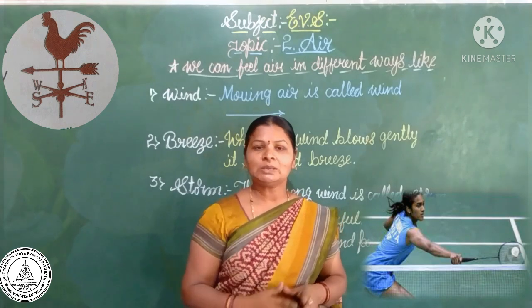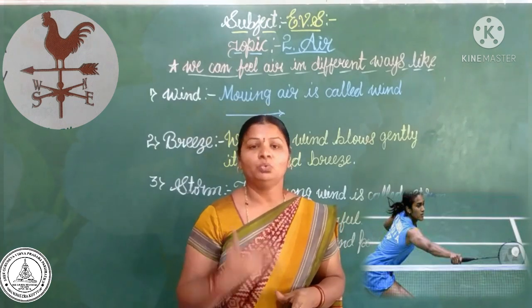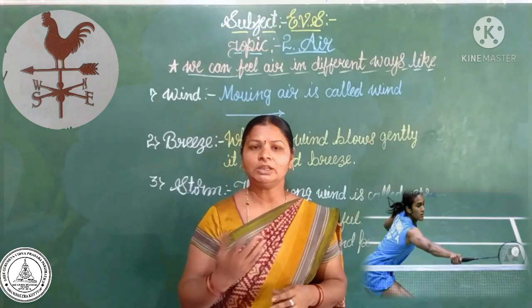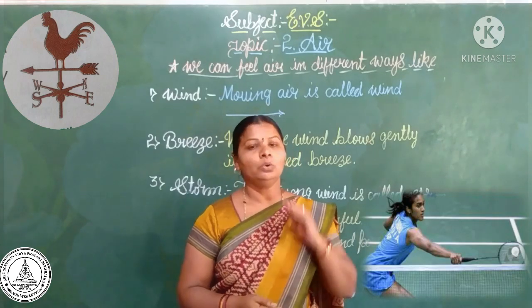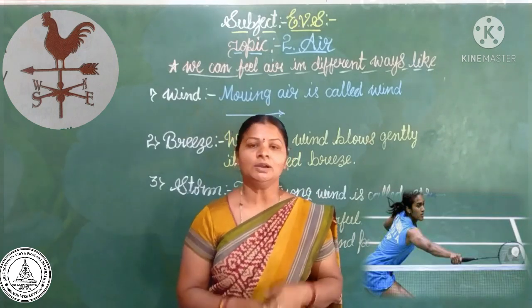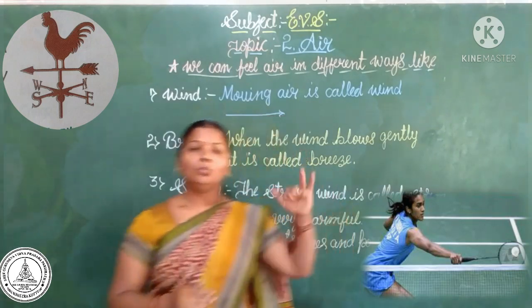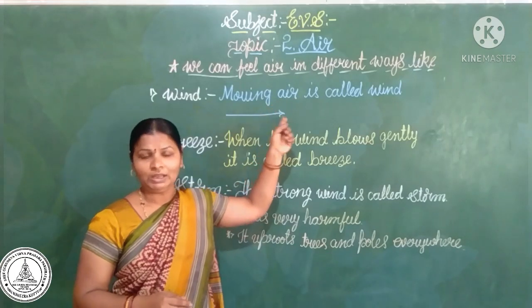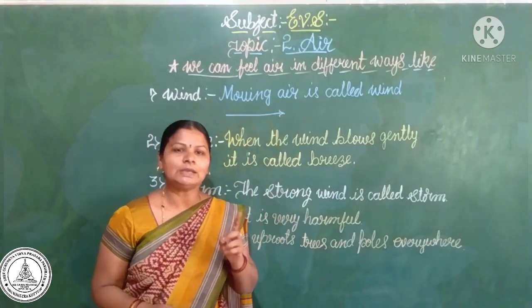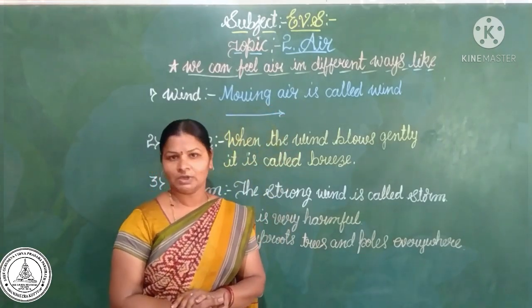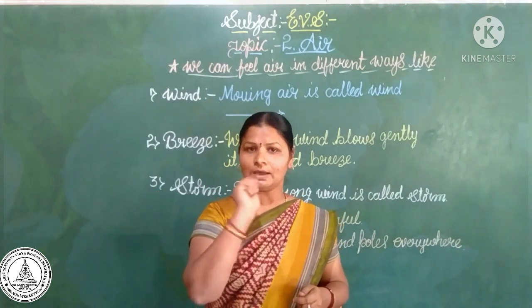So it tells about the direction in which the wind is blowing. So with the help of the cock we can tell the direction of the wind. So here moving air is called wind. It blows in a single direction, children. Understand? And you are playing the shuttlecock, right?